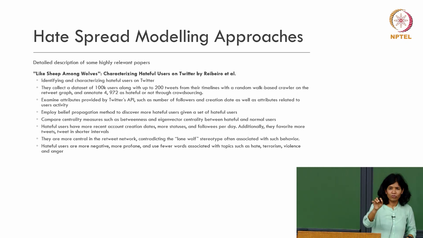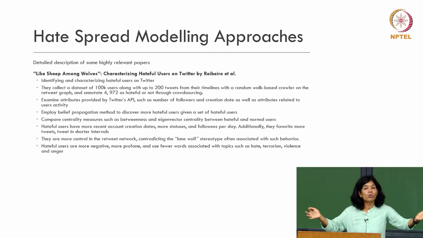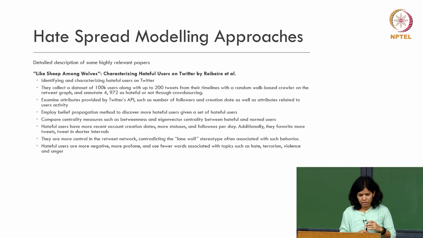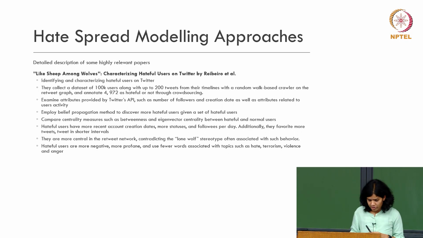They had those 544 users, if you remember, labeled as hateful. They placed these users in the network and ran belief propagation to figure out more users who will become hateful.